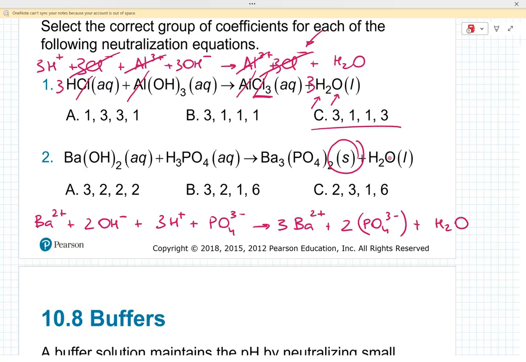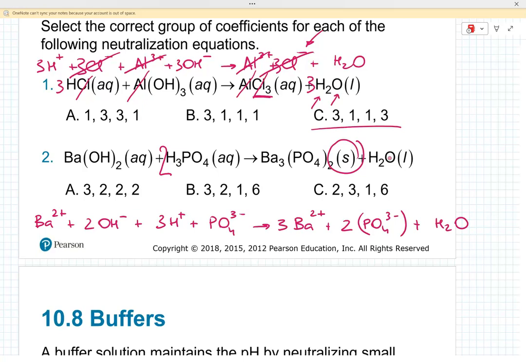This salt precipitates. The reason why I split it in ions is just to balance the reaction. Okay? So if we have 2 PO4s, right? How many PO4s do we have on the left? Just 1. So we're going to put 2 in front of it. Right?